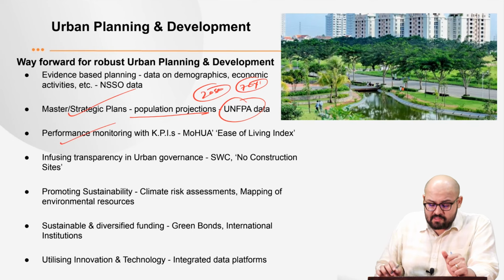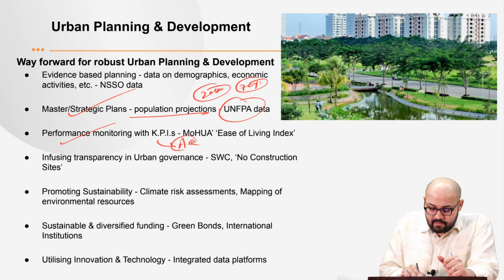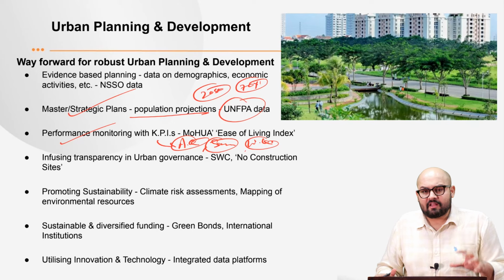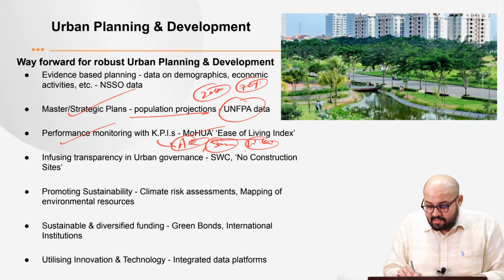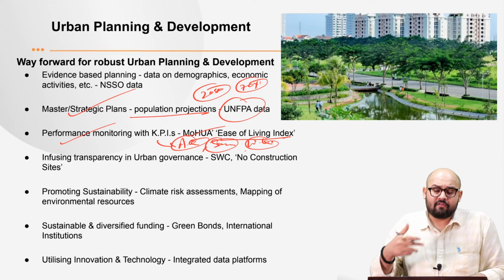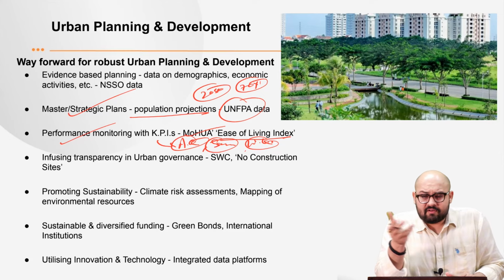Then you've got performance monitoring with proper key performance indicators. For example, based on air quality, sanitation, and water quality. So on different parameters, we can have performance monitoring of different cities. For example, the Ministry of Housing and Urban Affairs has the ease of living index. So it lists cities on the basis of how they're performing on different parameters.